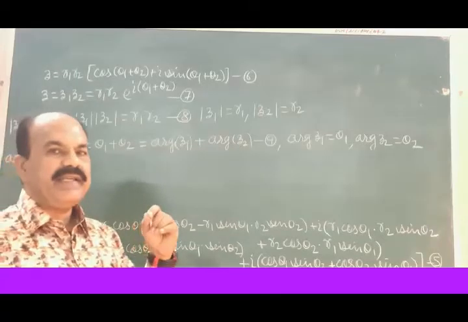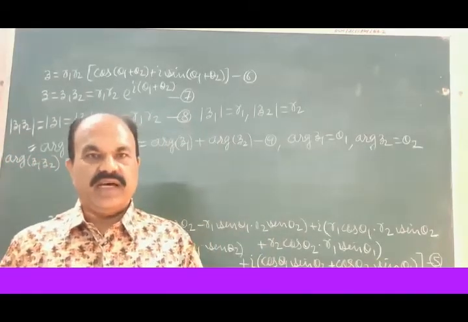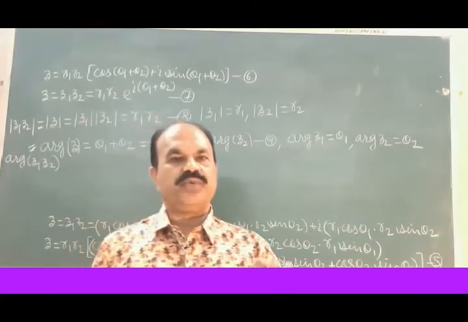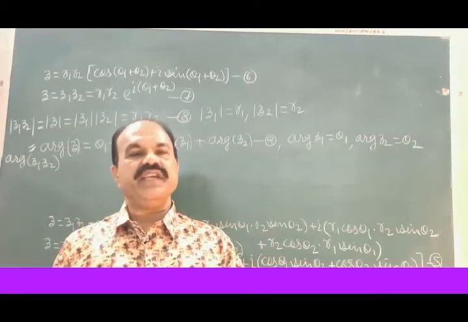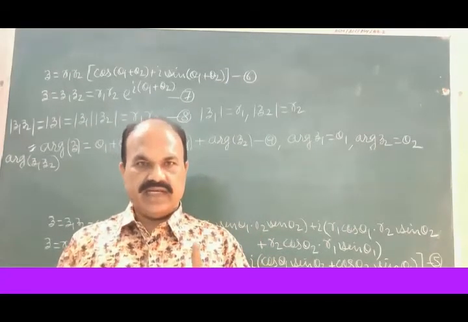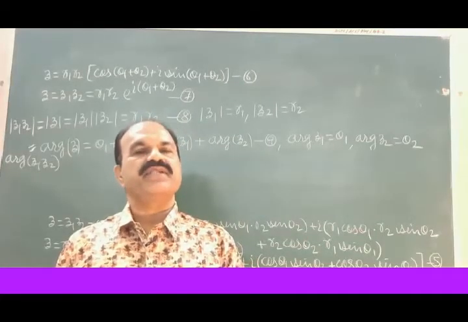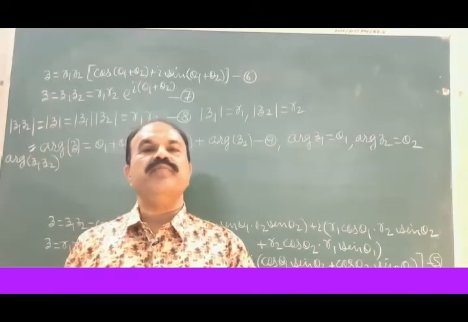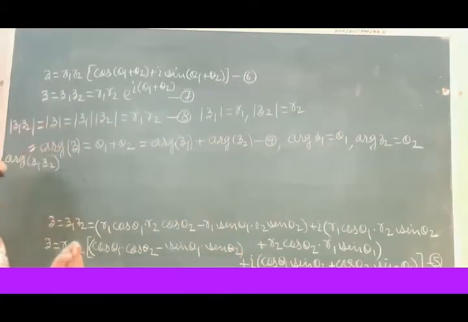So, the conclusion that we can draw from equation 9 is that argument of product of two complex numbers is equal to sum of their arguments.